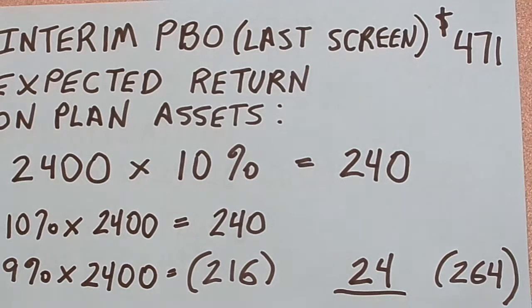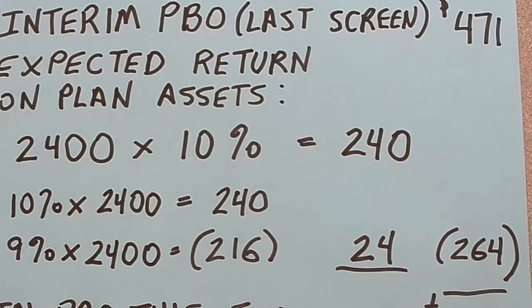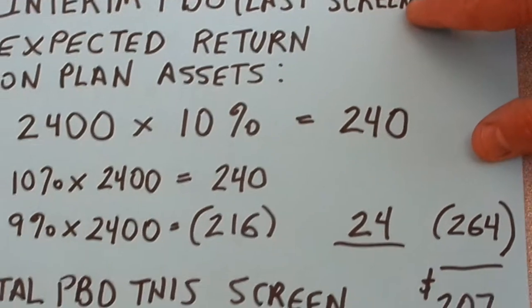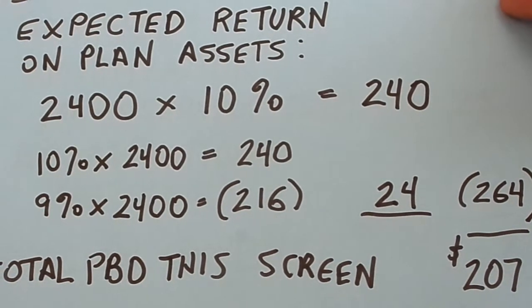So here we're going to take the total 471, we're going to subtract 264,000, which was what we expect the return to be on the plan assets, and the total benefit obligation on this screen is 207,000. Still not quite done, but we're getting closer.